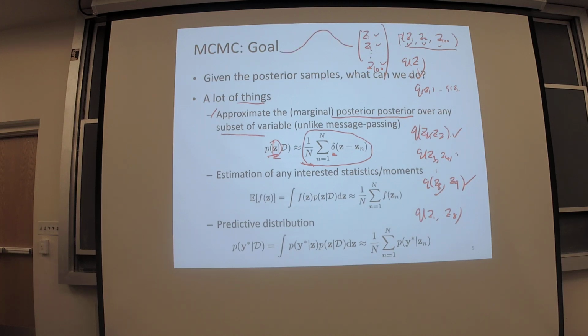Suppose I use this distribution to generate a bunch of samples. You can imagine I will have very few samples here, and very dense samples at high density regions. So I can use this bunch of samples to construct an empirical distribution to approximate the original distribution.